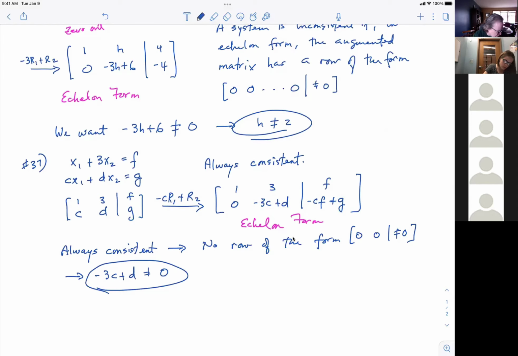Okay, I can see that there's a little bit in 1.2 we didn't specifically talk about last time. So let's do that. I'm looking at problems 7 through 13-ish.